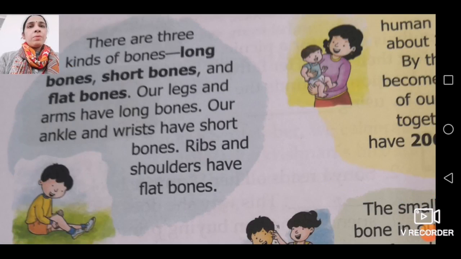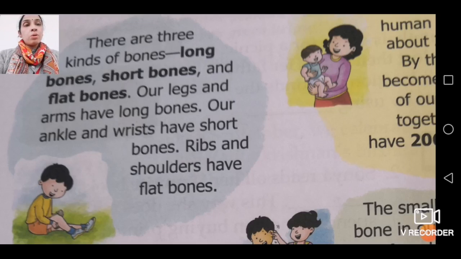So students, what we did just now is that there are three kinds of bones: long bones, short bones and flat bones. Our legs and arms have long bones. Ankle means where we wear an anklet, in your feet. Wrist is where you wear your watch. These have short bones because they are quite delicate places.